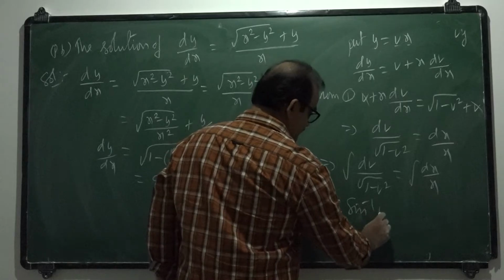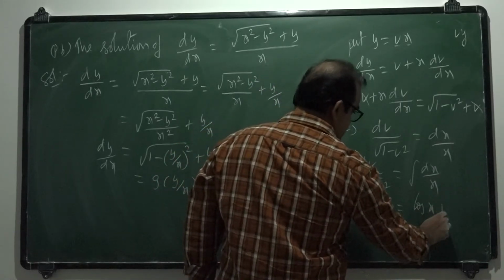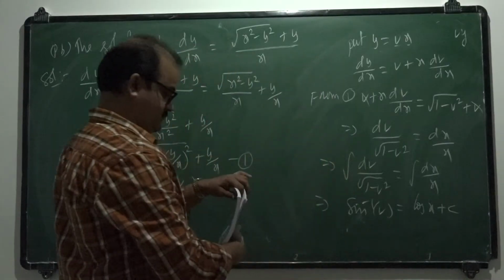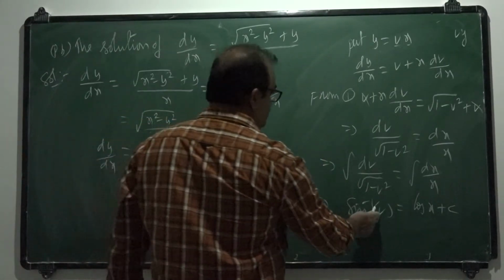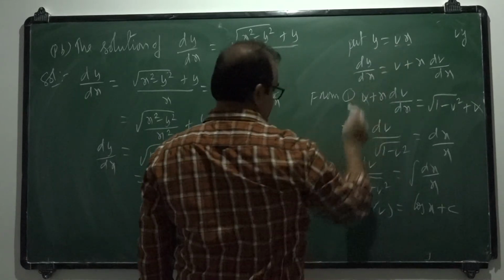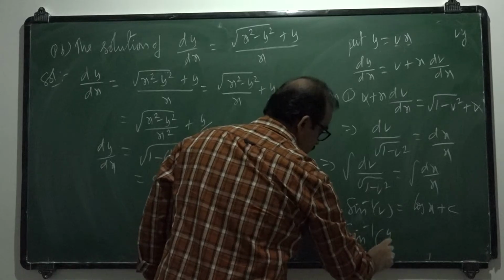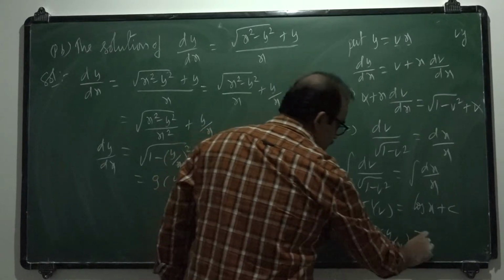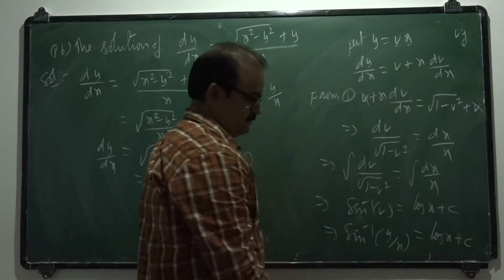Sine inverse v is equal to log x plus c. That is the solution. But what is the v value? v is y by x. So sine inverse of y by x is equal to log x plus c.